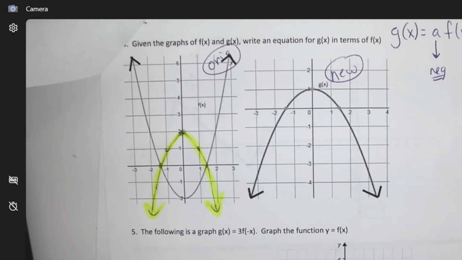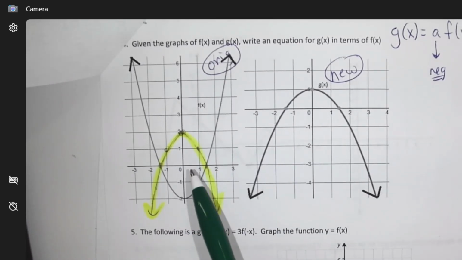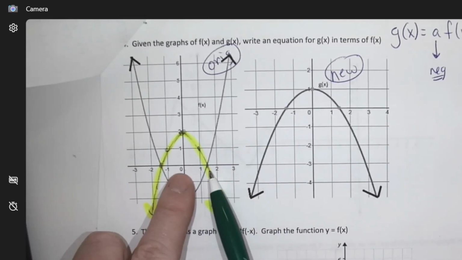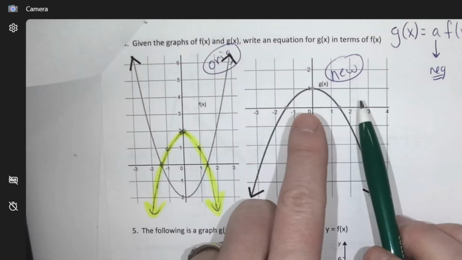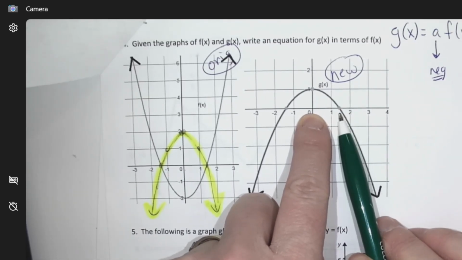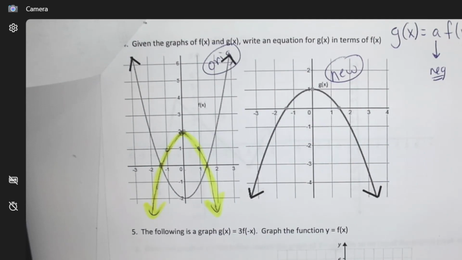Stretch? Which way are you stretching it? Horizontally? Okay, so for me, if I look at this space, it's 1 and a bit, and it's still 1 and a bit from the axis. So I don't think I stretched it out.